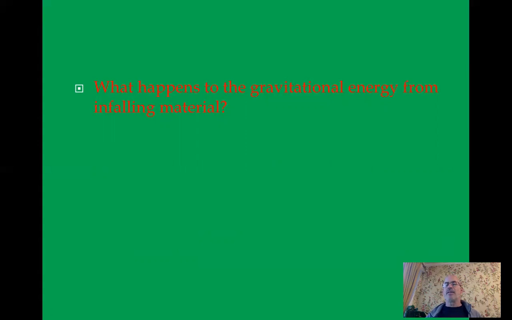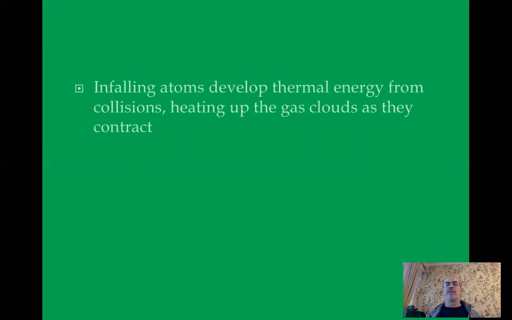So after a while the speed of these molecules can be relatively large, and as they collide, they're colliding at relatively large speed. So a lot of gravitational energy is being converted into kinetic energy, and the infalling atoms develop thermal energy from collisions, and they heat up the clouds as they contract.